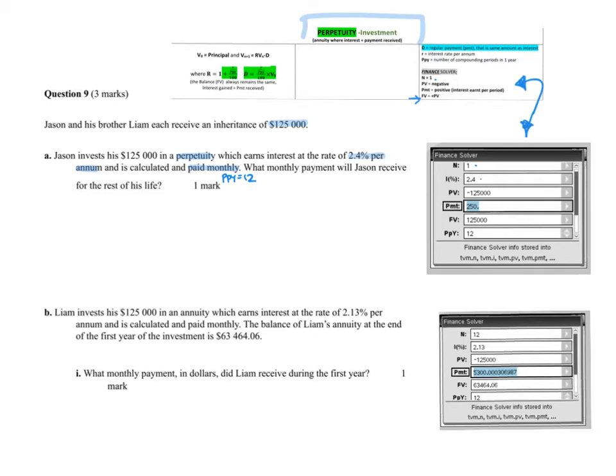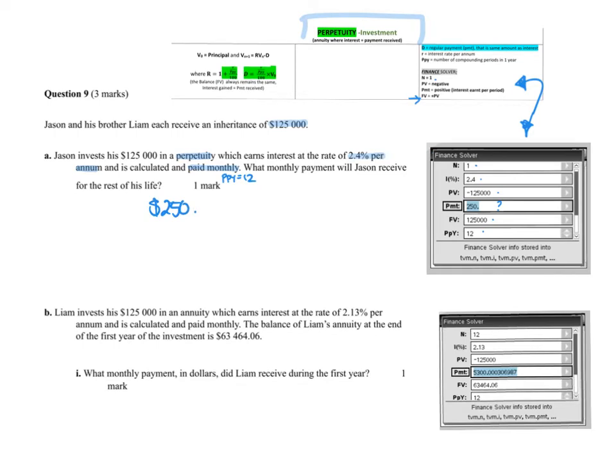And I put the 2.4. Now he's investing into the bank, so it's 125. That will be my question. And we know that the FV will be the same amount at the end of the month. So really the bank's going to give me back my money because I'm going to take the payment of interest out. And this was monthly, so PPY is 12. And you can see, so I've worked out that his monthly payment would be $250.